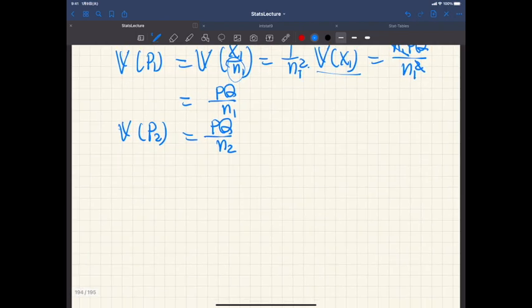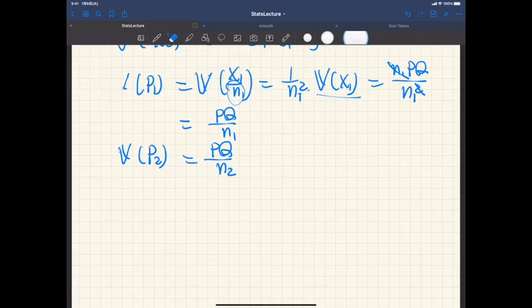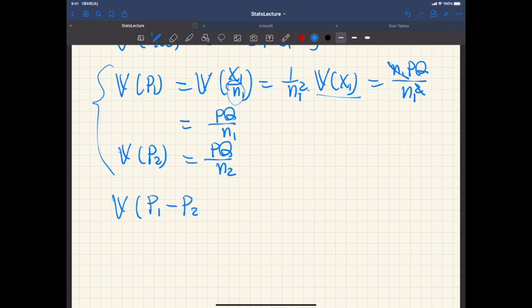Then based on that, what's the variance of p1 minus p2? We are assuming that p1 and p2 are independent.